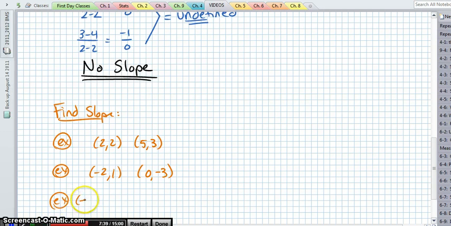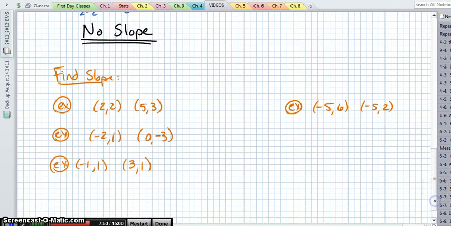And yet another line, -1 comma 1 and 3 comma 1. And here is the last line we are going to calculate the slope of. It happens to pass through the points -5 comma 6 and -5 comma 2. Please hit pause, use the formula, and come up with a slope for the lines that pass through these given points. Hit unpause when you're ready to see the solutions.